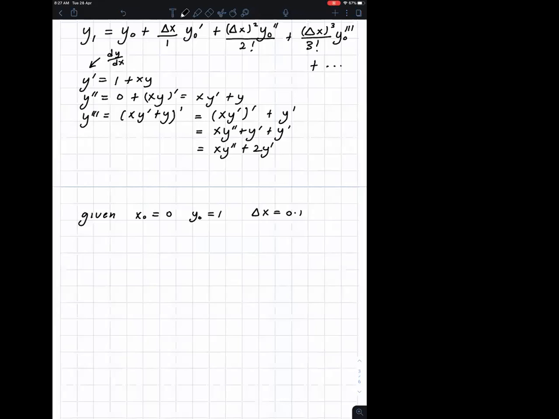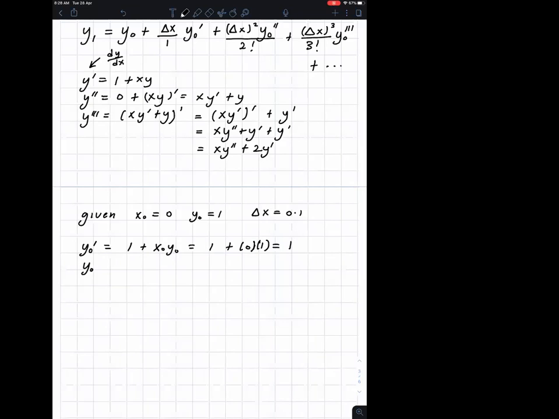So let's evaluate y naught prime. Y naught prime is 1 plus x naught y naught. That's going to be 1 plus 0 multiplied by 1, which is 1.